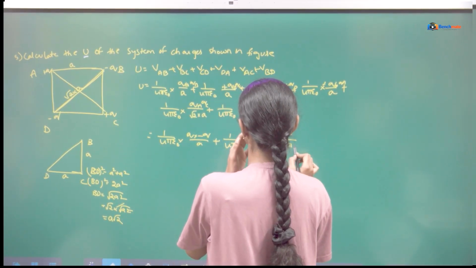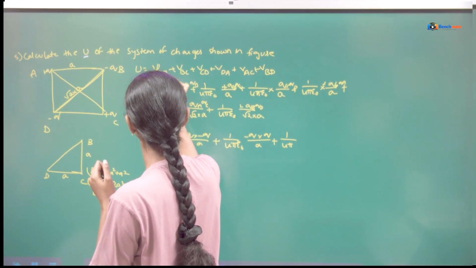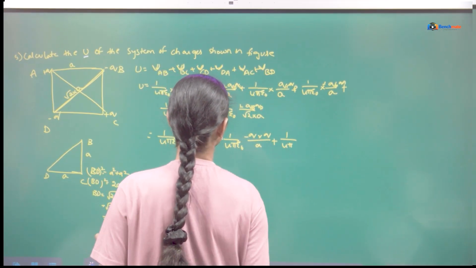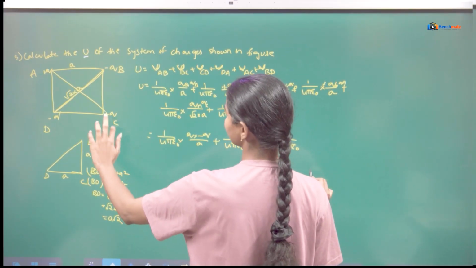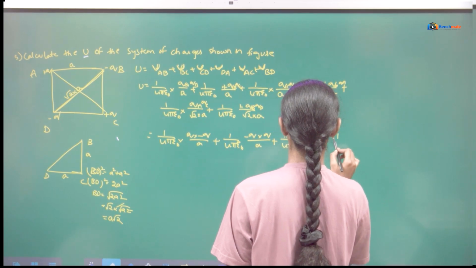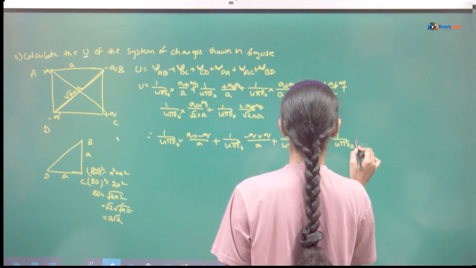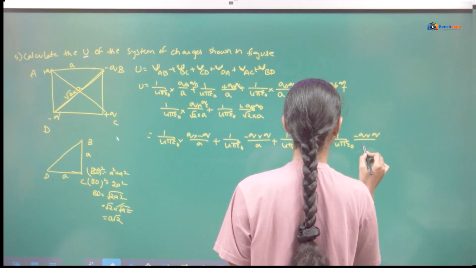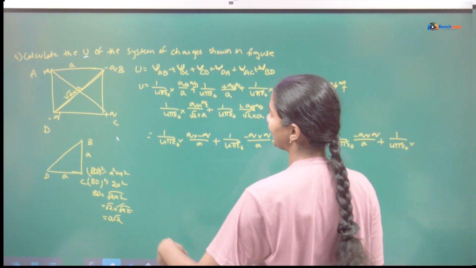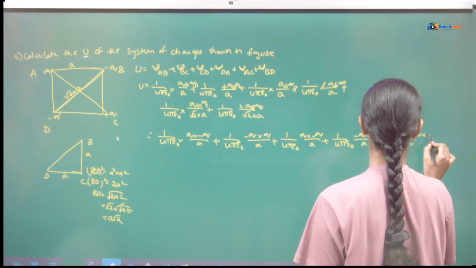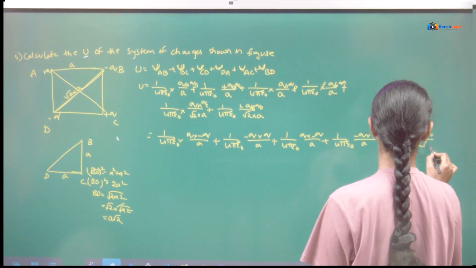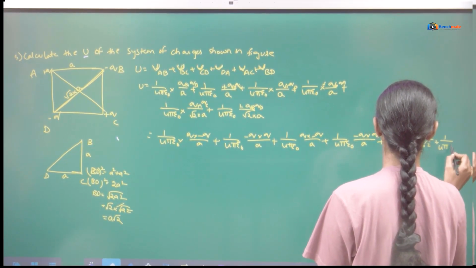Next 1 by 4 pi epsilon naught. It is U, potential energy we are calculating, right? So now 1 by 4 pi epsilon naught, C to D, Q into minus Q by A. Next 1 by 4 pi epsilon naught, minus Q into Q by A, plus 1 by 4 pi epsilon naught into A to D, Q into Q by A. A to C, Q into Q, the distance is A root 2, plus 1 by 4 pi epsilon naught.